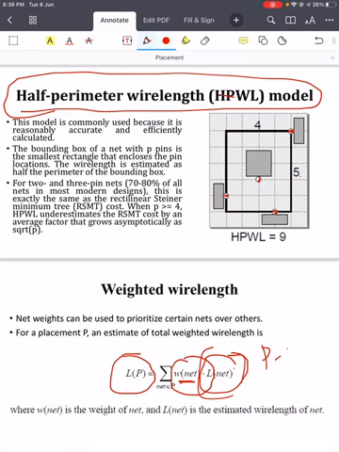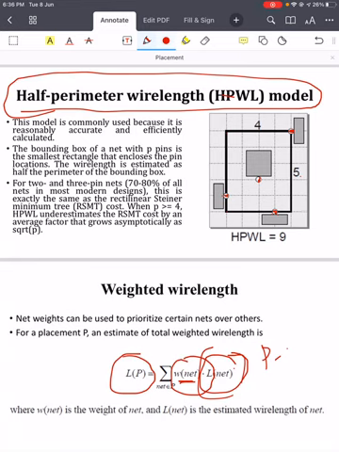So in summary, in this video we have discussed how to formally define the placement problem, and how to estimate the wire length of a placement solution. Because we have to define the cost function, and the total wire length has to be minimized during placement.